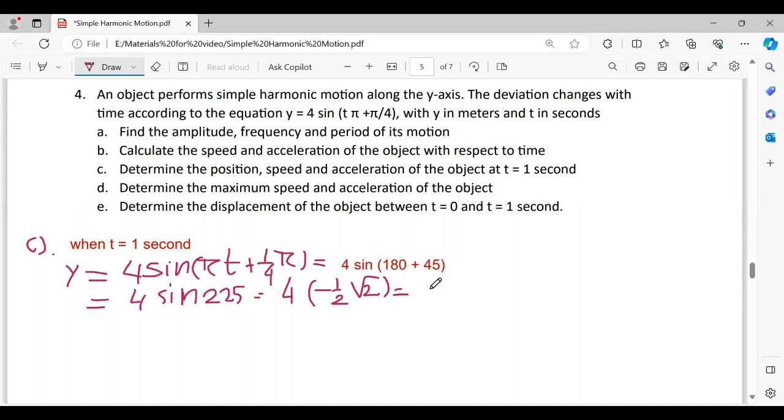It becomes negative 2 square root 2, and the unit is meters.